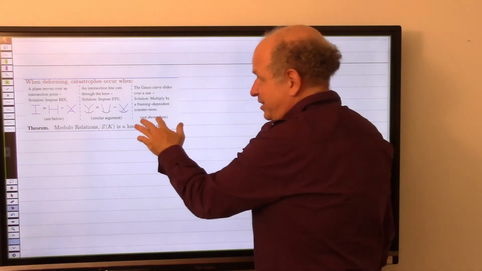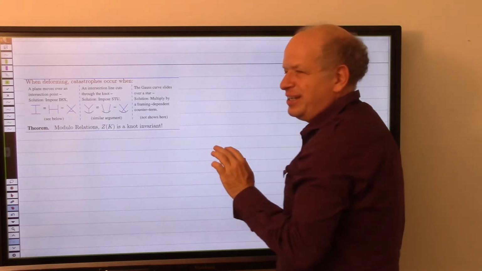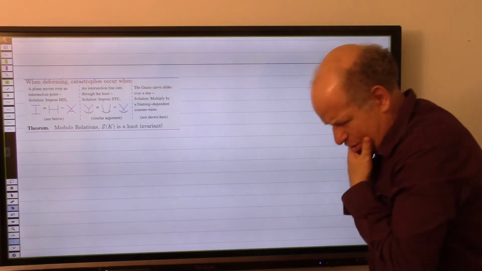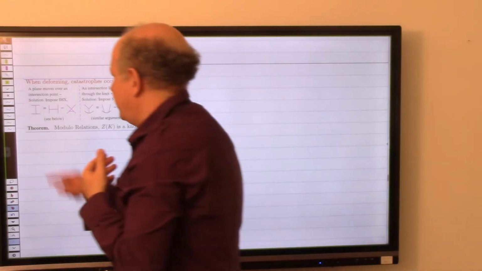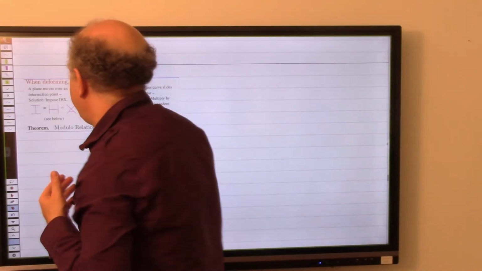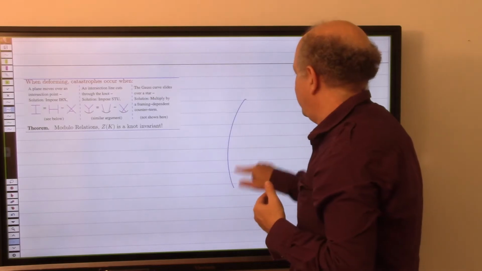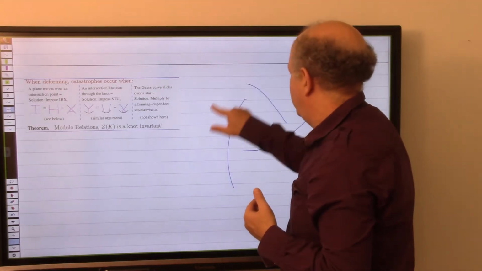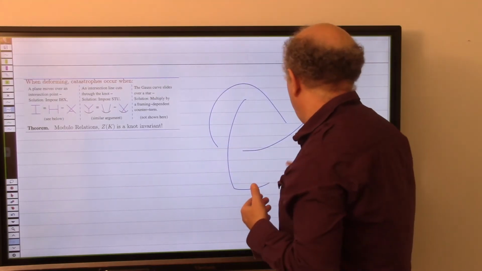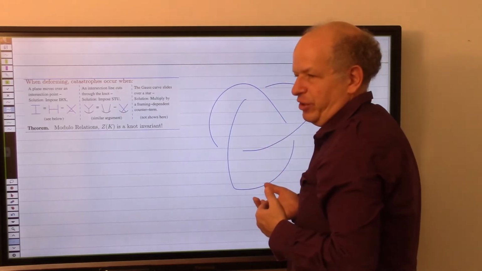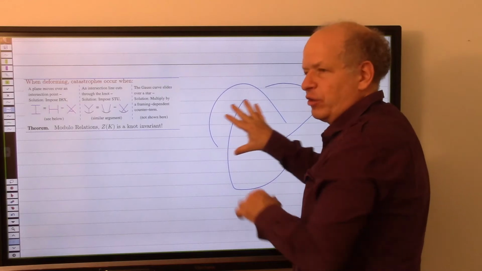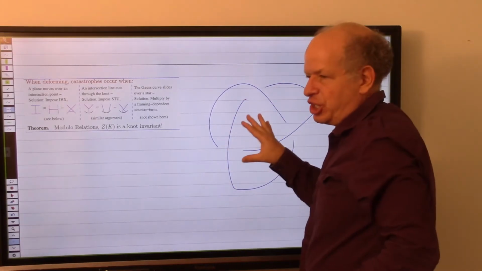And then the last interesting catastrophe is kind of funny. Every 3-dimensional curve has what is called its Gauss curve.